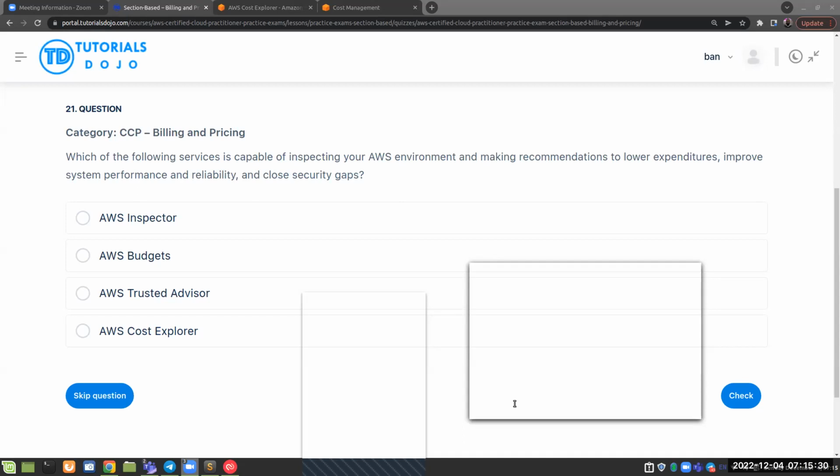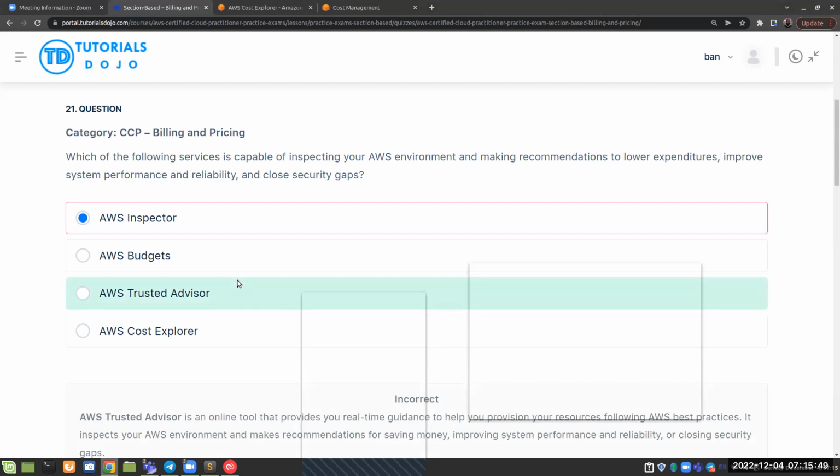AWS Inspector. Okay. Any different view? Many people say A. I see all of you have been caught in the trap of AWS questions.